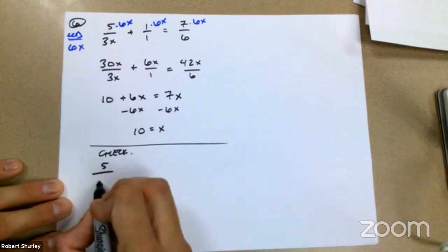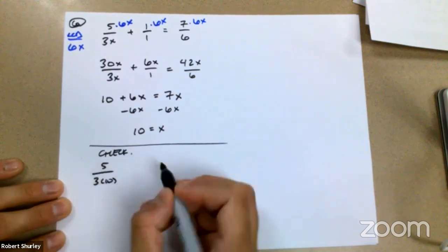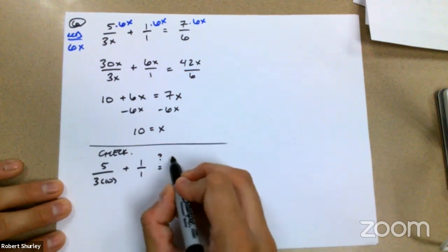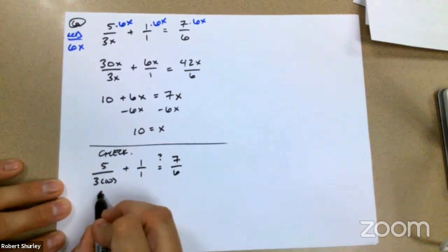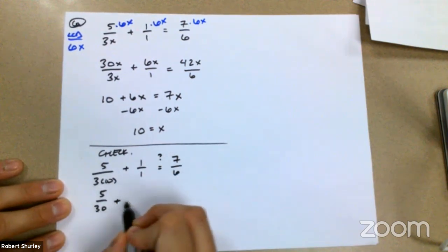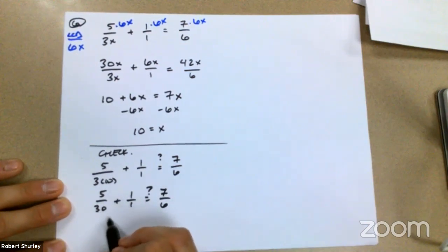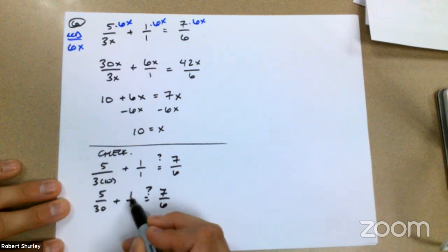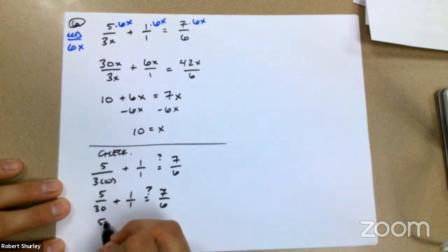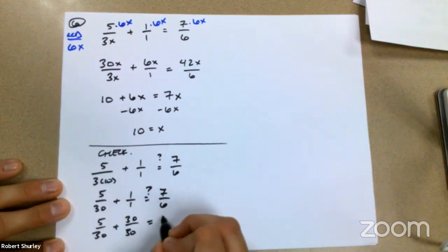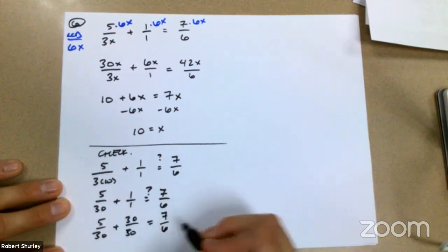We get 5 over 3 times 10 plus 1 over 1. We want to know, is it equal to 7/6, right? So we get 5 over 30 plus 1 over 1. Now, I'm just going to be lazy and say that to match denominators, I'm going to say that's 30 over 30. I know you're sitting there behind the screen going, why don't you simplify that to 5/6?